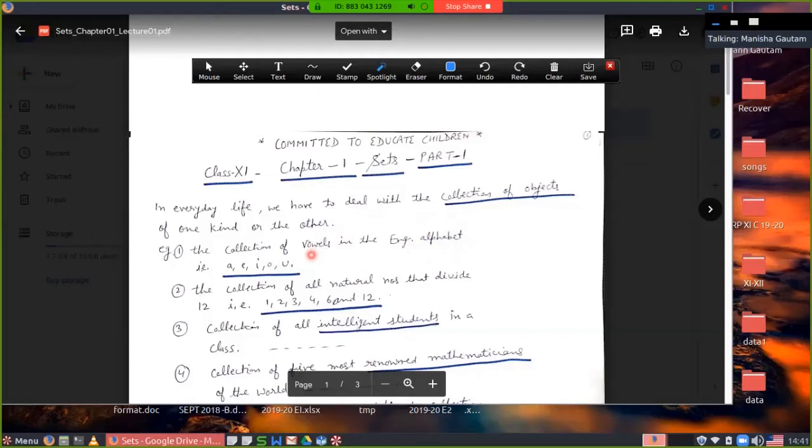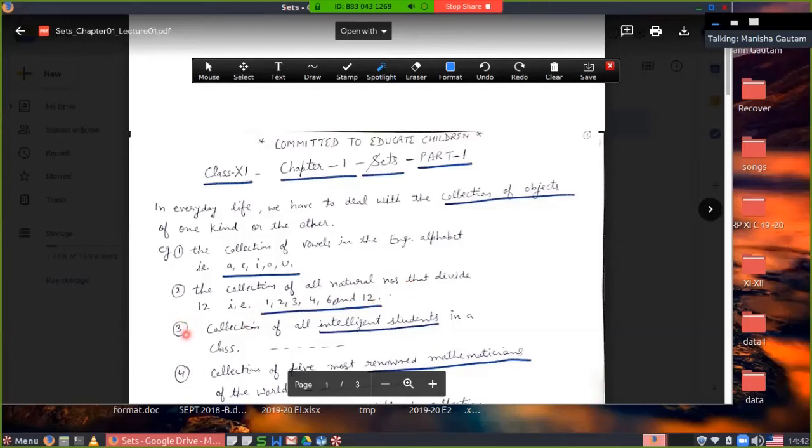Some special rule is there about what type of letters you have to collect from the English alphabet. Now the second example: the collection of all natural numbers that divide 12. You know 1, 2, 3, 4, 6 and 12 are the numbers which divide 12.